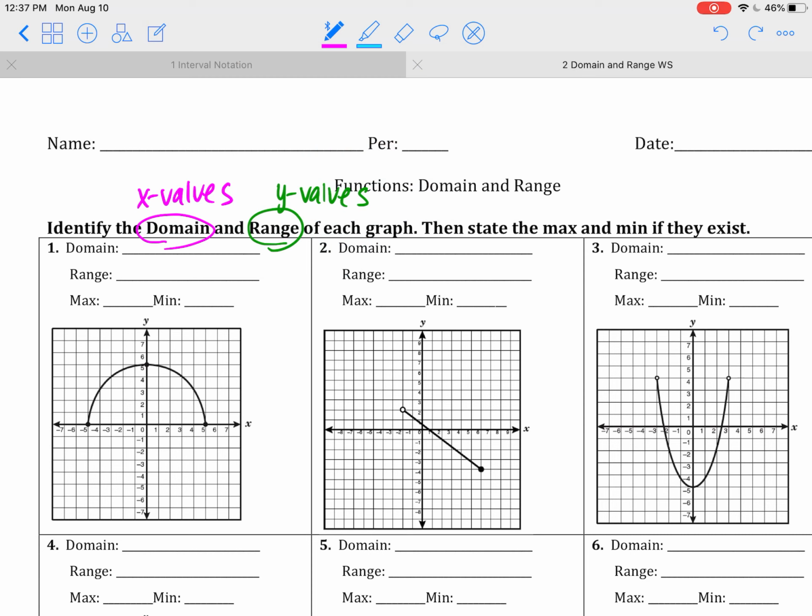When I'm looking at the domain for number 1, as I scan along the x-axis, the very first point I get to is -5, and it goes all the way to +5. There are points on each side, so we are going to include them when we use our interval notation.